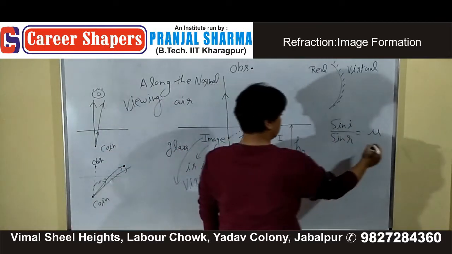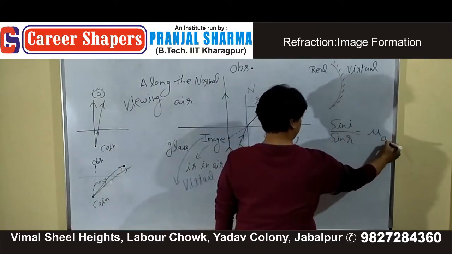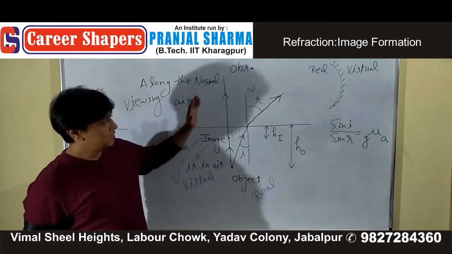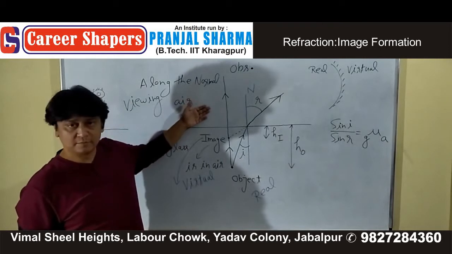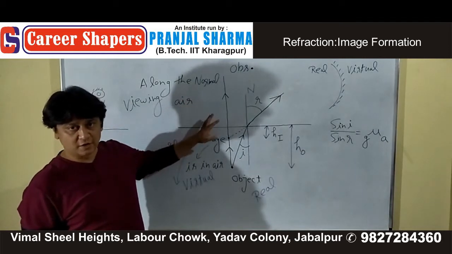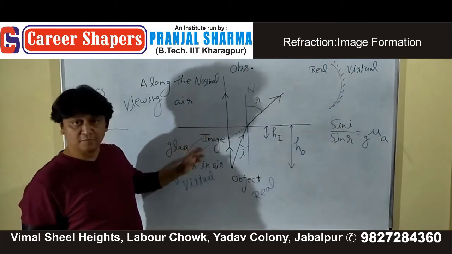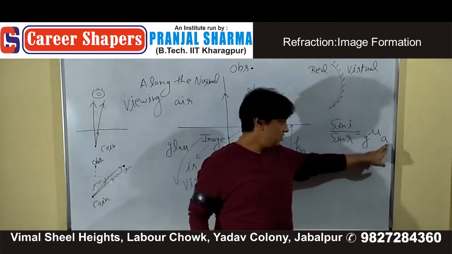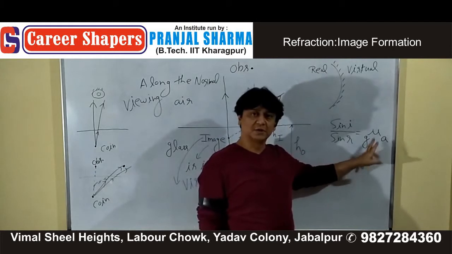This mu is refractive index of air with respect to glass. Refractive index of the medium in which light rays are going with respect to that medium from which they are originating, and therefore refractive index of air with respect to glass.